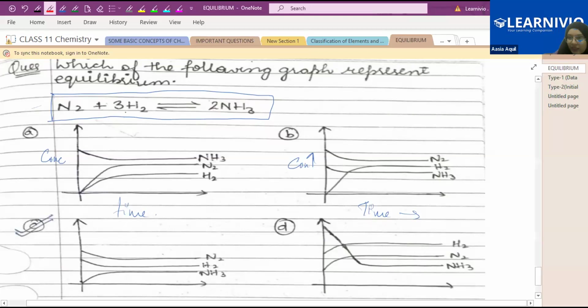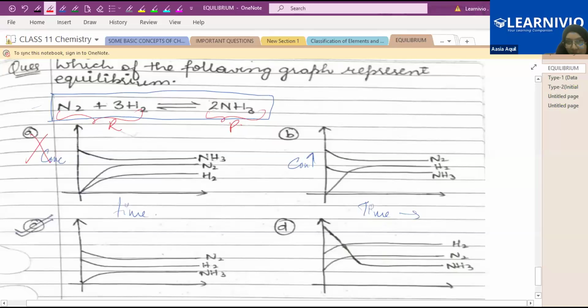N2 plus 3H2, what is this? This is your reactant. And what is this? This is your product, right? So for N2 and H2, the concentration should be in decreasing order. But here, you all said that A is correct. But A is wrong. A is not the correct representation.